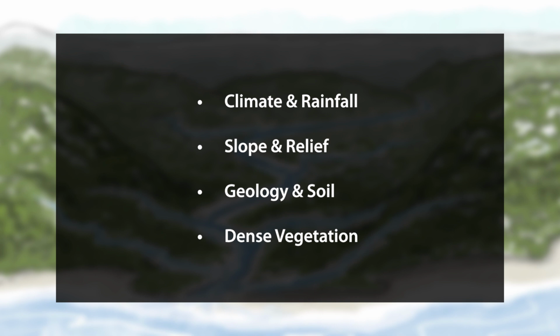Factors which affect stream frequency are climate and rainfall, slope and relief, geology and soil, and dense vegetation. So, stream frequency indicates runoff potential, helps to assess erosion risk and sediment yield, is used to determine drainage texture, reflects stages of landscape development, and influences flood hazard and peak discharge in the basin.